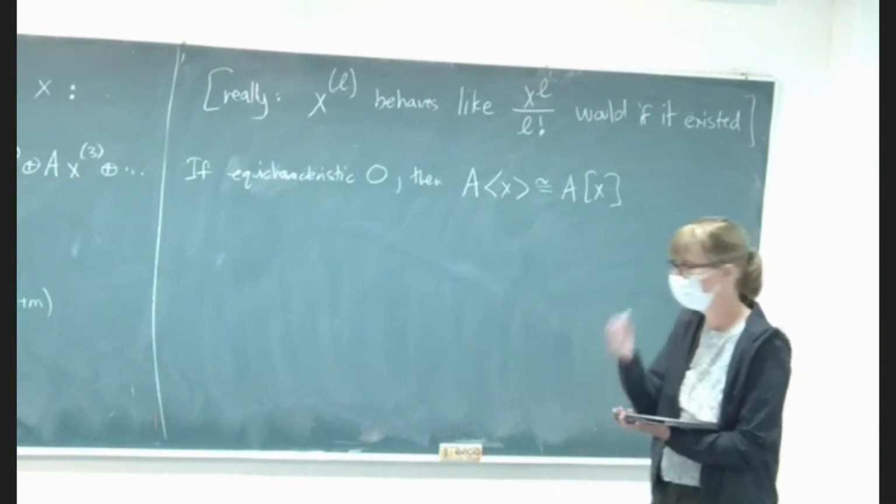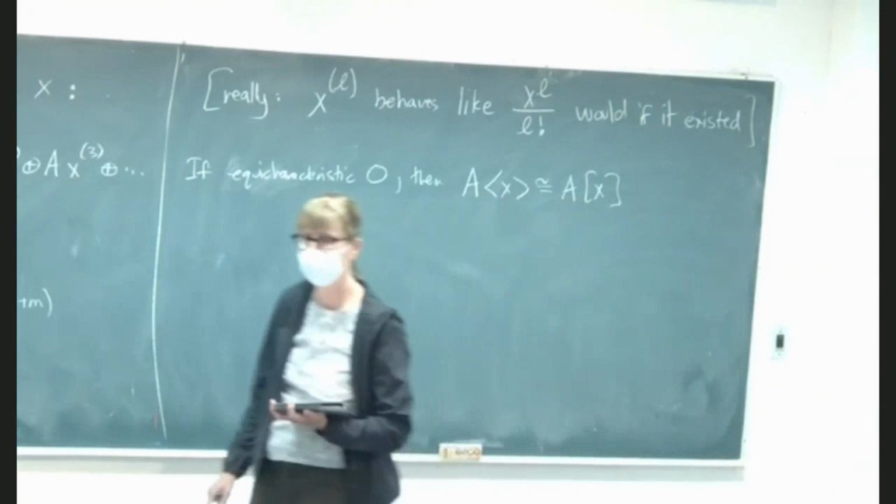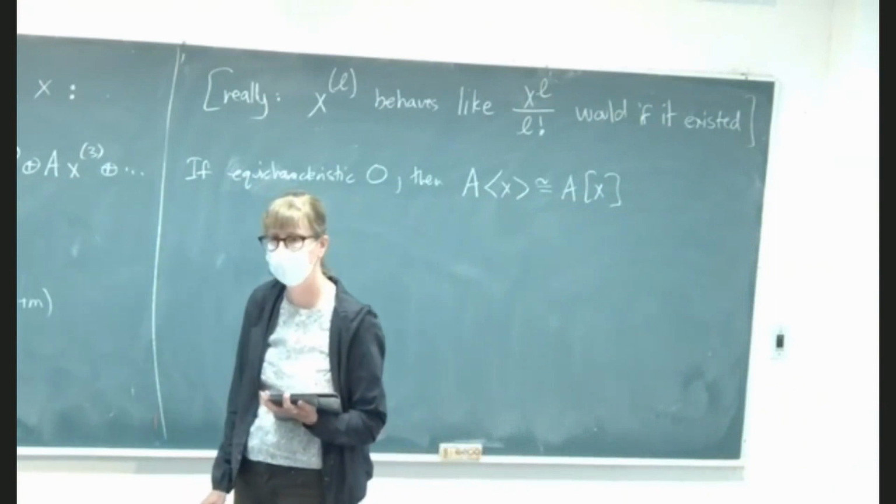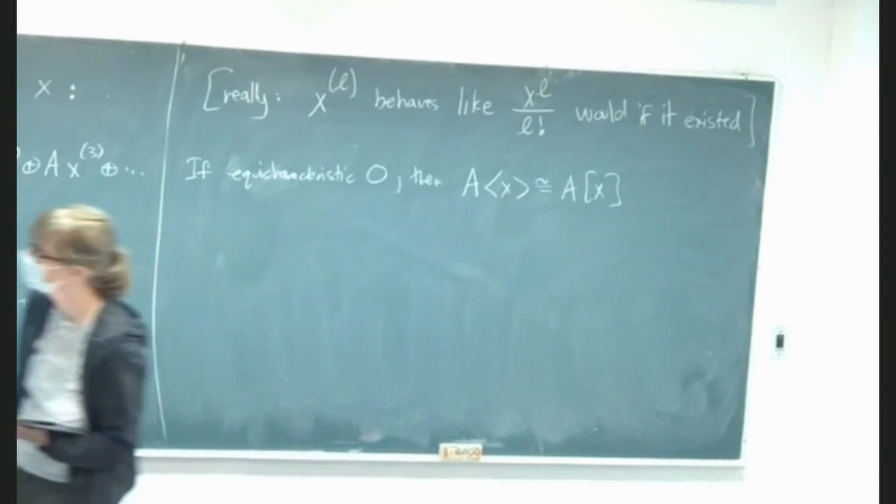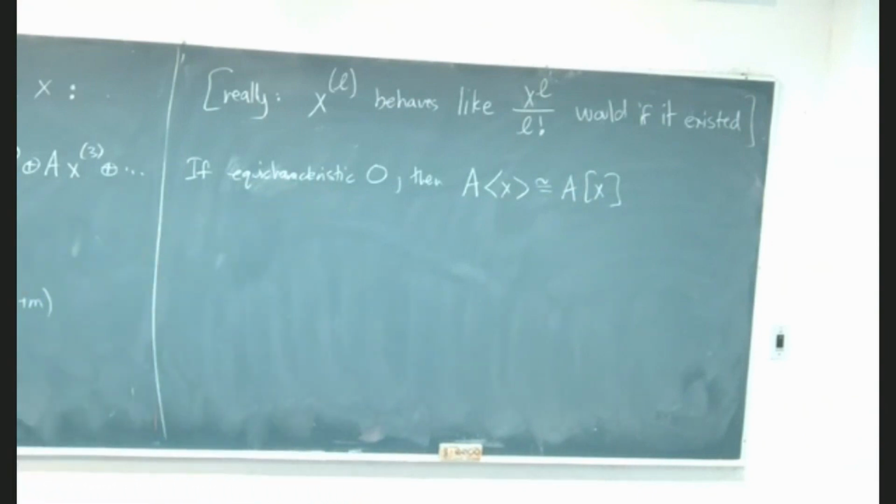Question: if I never heard about this and I was working in positive characteristic, you said before that H2 wouldn't be 0, but if we had a divided variable, it would be 0.